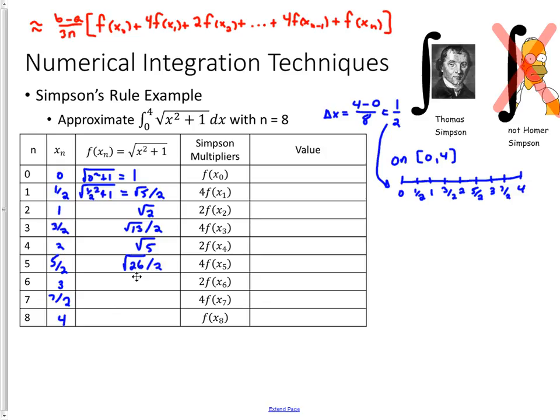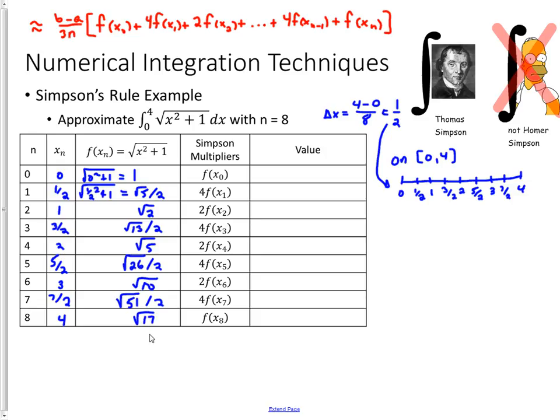At 3, I found the square root of 10. At 7 halves, I found the square root of 51 divided by 2. And then at x equals 4, I found the square root of 17.